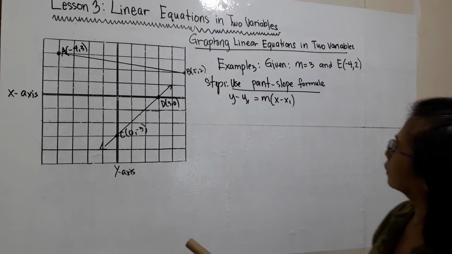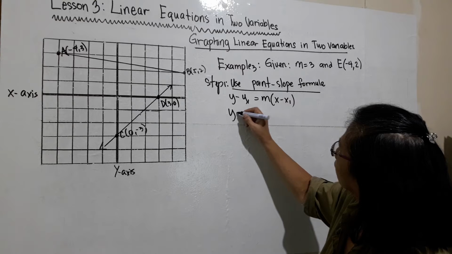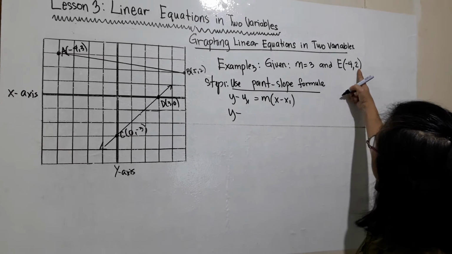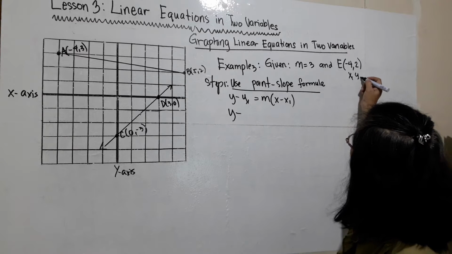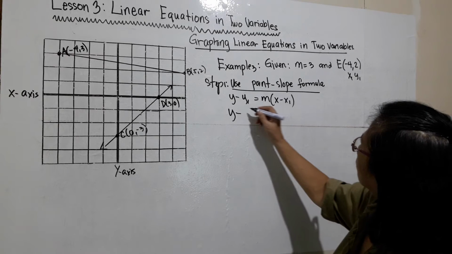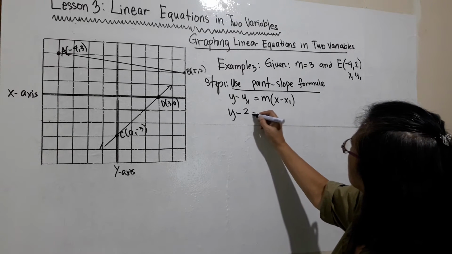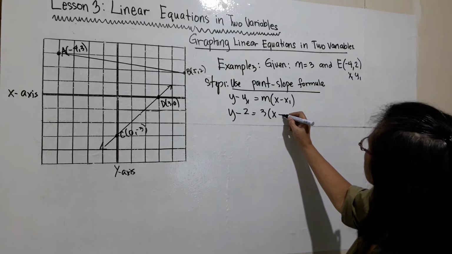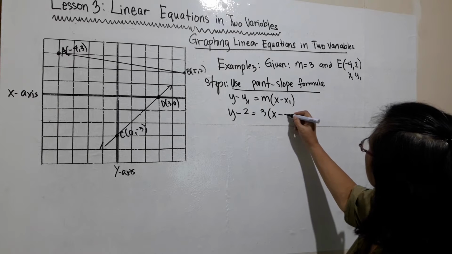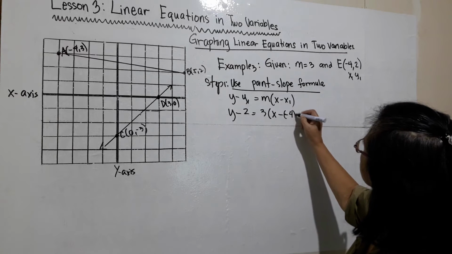Let us substitute the given. Y minus y sub 1, where this is x sub 1 and y sub 1. So y sub 1 is 2. The slope is 3. X minus x sub 1 is -4.